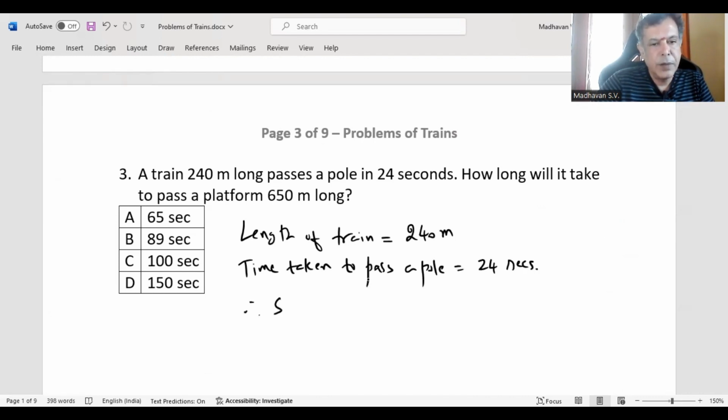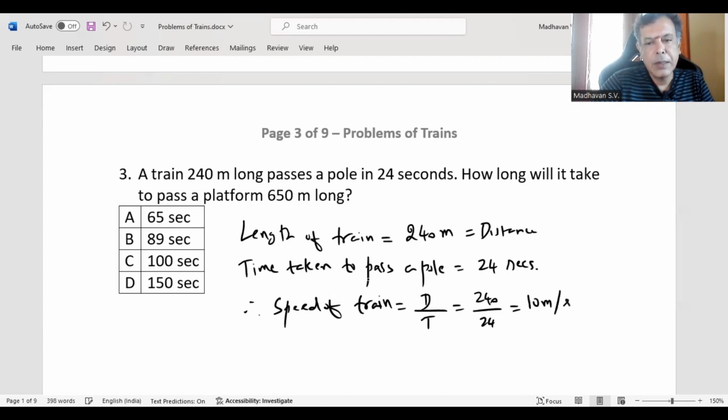Therefore, speed of the train, this length is nothing but the distance. Speed will be distance divided by time, that is 240 divided by 24. We get 10 meters per second.